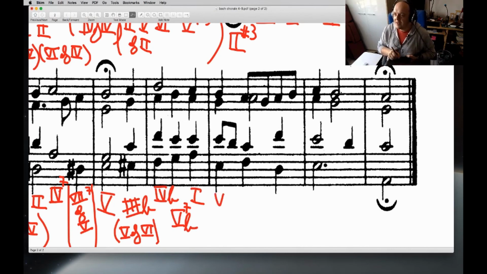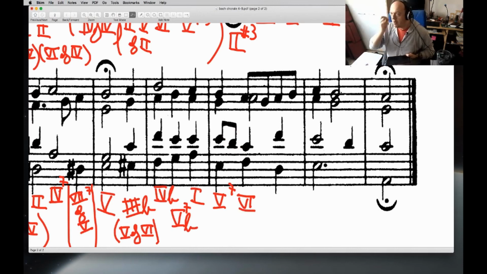That's 5 again with a passing 7 right here. Gonna put the 7 there. This is 6. This is 6, so that's another deceptive cadence there in the tonic.